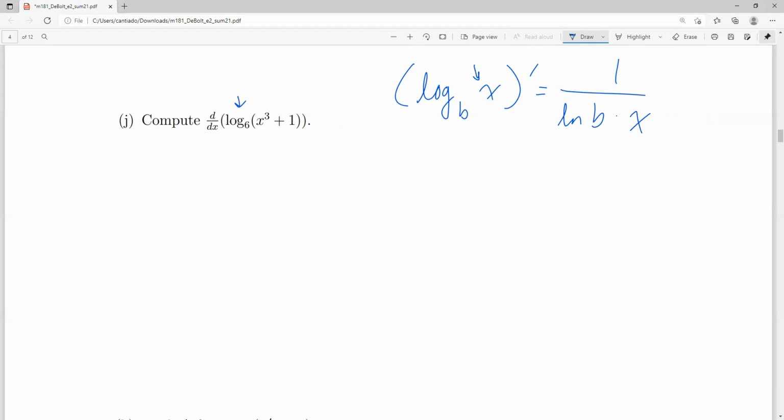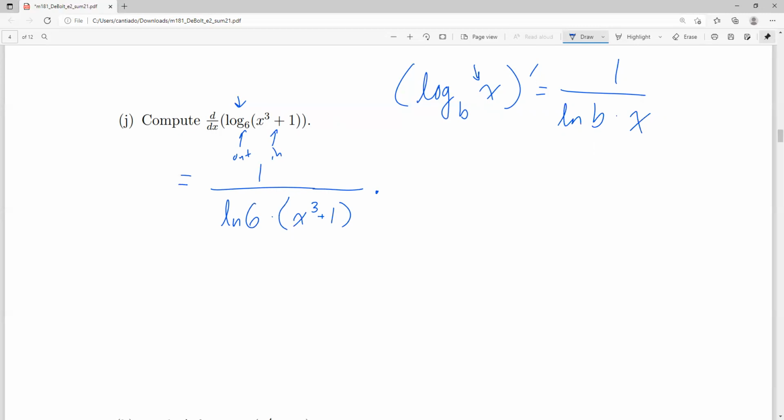So let's go ahead and take this. What is this derivative? Well, we do have a chain rule. This is our outside, this is our inside. So the outside is the derivative of log base 6, which is 1 over ln of the base, 6, times whatever's inside, so times x cubed plus 1. But we also have to multiply it by the derivative of the inside.